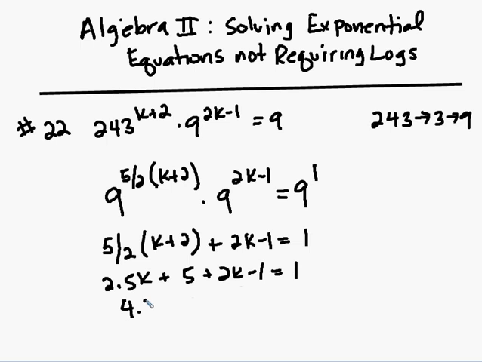Or I have 4.5k is equal to 5 minus 1, which is 4, and I subtract 4 from both sides, I have negative 3. k is equal to negative 3 over 4.5, which is the same thing as negative 2 over 3.